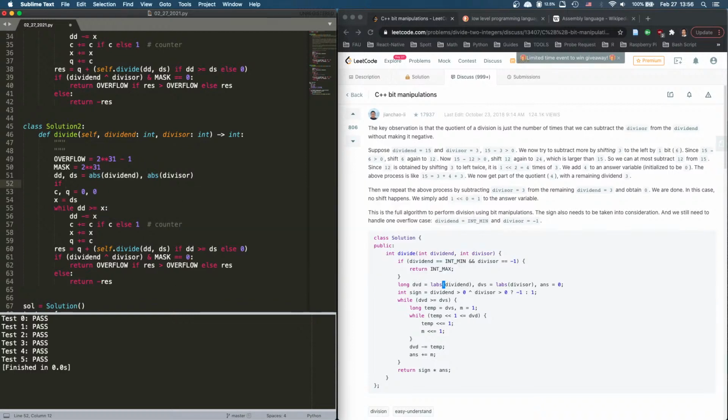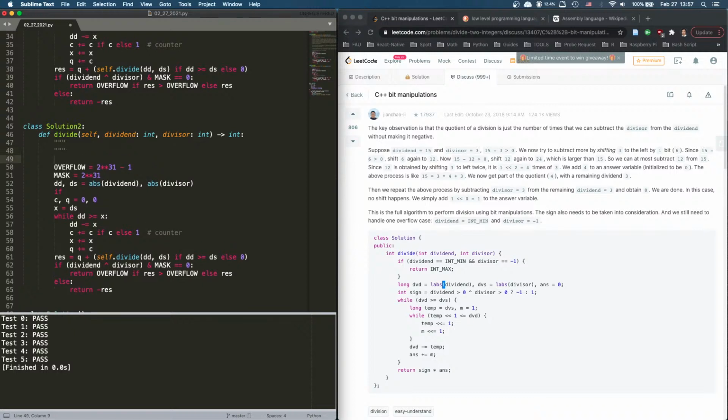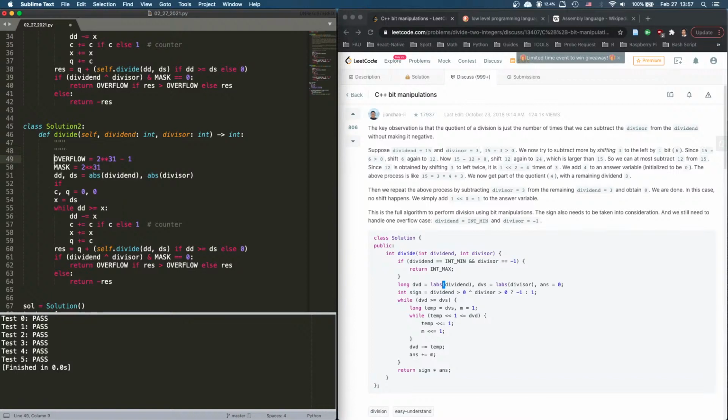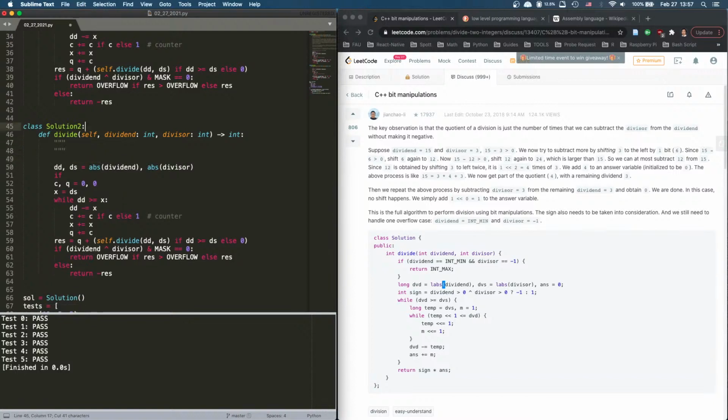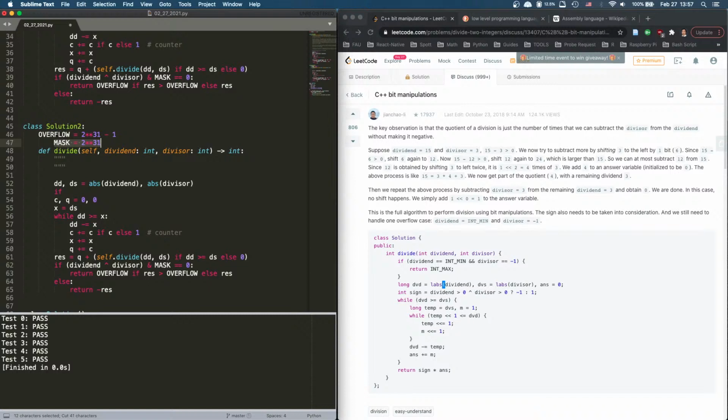I like to do it at the end. Let's set up overflow and mask over here. We don't need this mask actually if we're using their method.